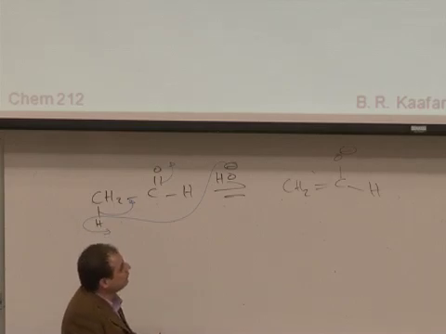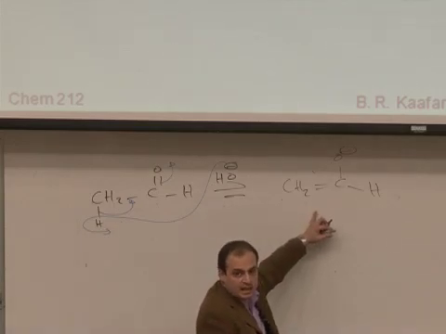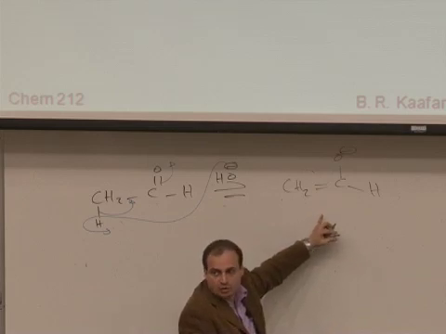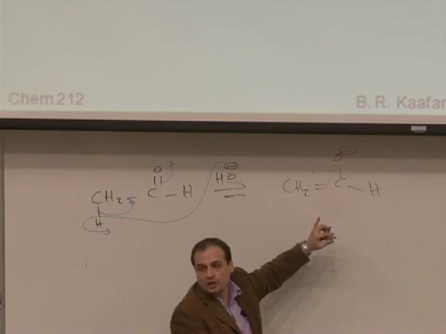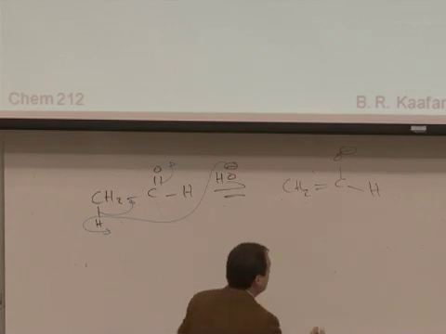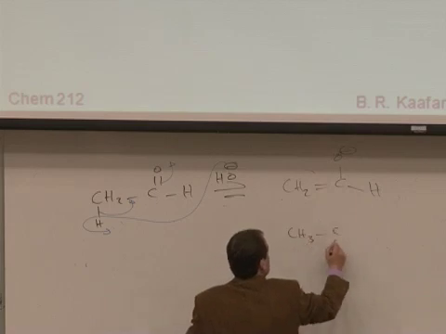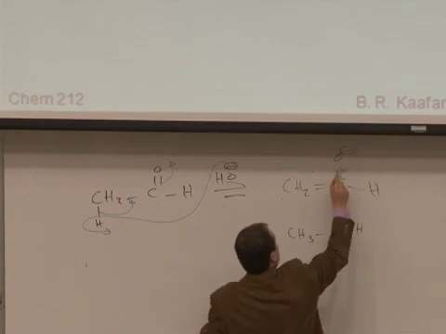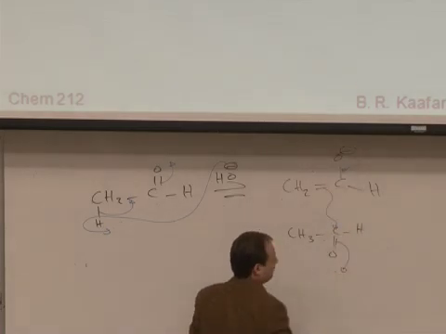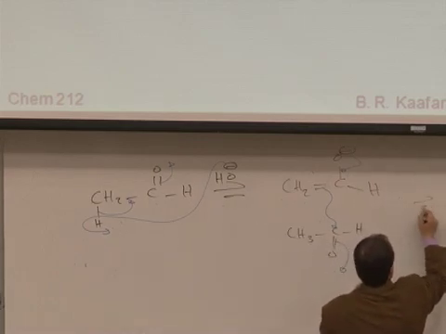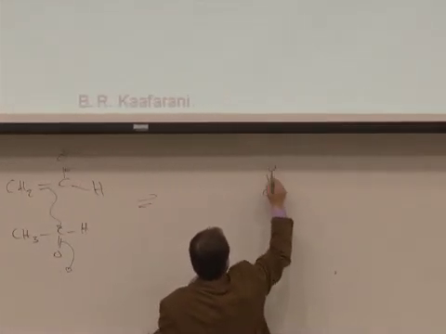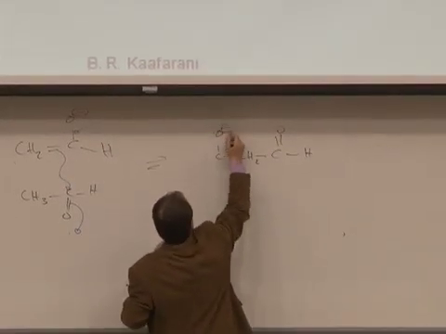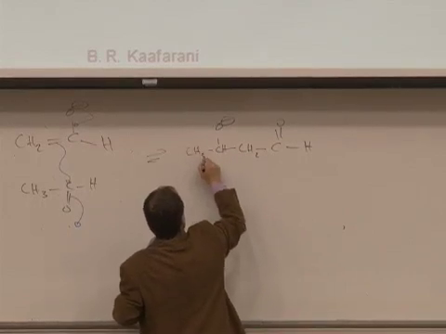And then the enolate is going to attack another mole of acetaldehyde. You have equal amounts between the enolate and the aldehyde. So this is CH3, C, double bond O, H. And what you're going to form is C, double bond O, H, CH2, CH, O minus, CH3.